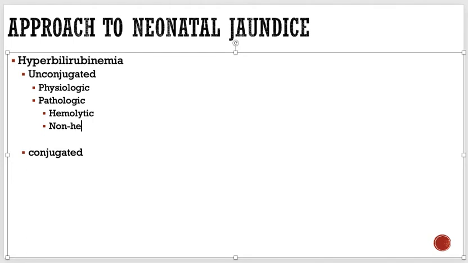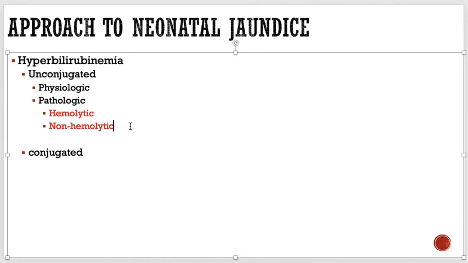So this is how we approach jaundice. Hyperbilirubinemia can be unconjugated or conjugated. I am discussing unconjugated. It could be physiologic or pathologic, and pathologic can be hemolytic or non-hemolytic.